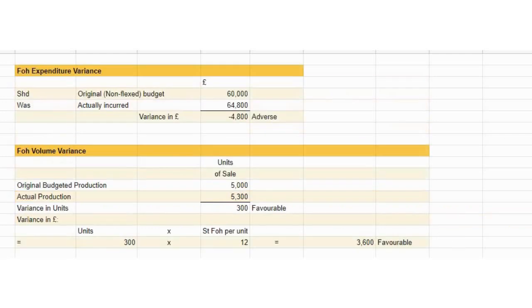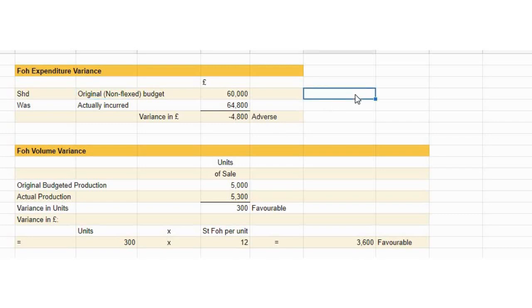The total variance of £1,200 adverse can be analysed into the fixed overhead expenditure variance and the fixed overhead volume variance. The fixed overhead expenditure variance is calculated, note, from the non-flexed budget.